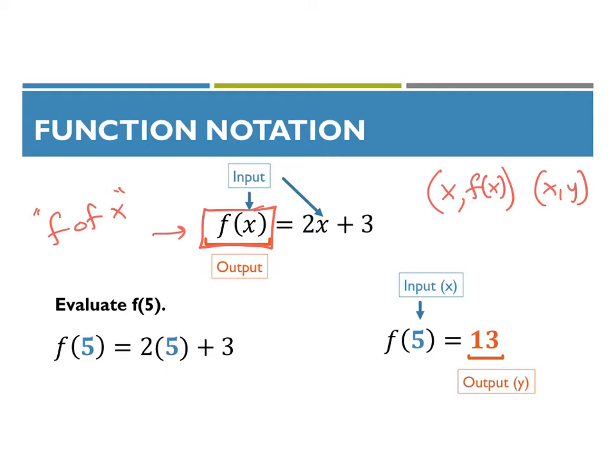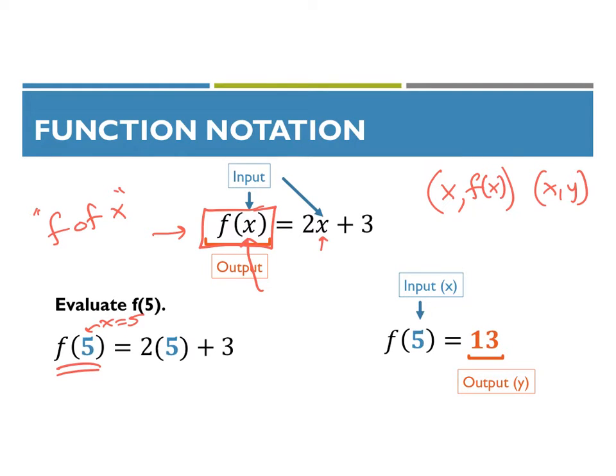And so when we're subbing things in for a function, if you see the notation f of a certain value, that means that you're going to be plugging that value in for x to see what that output would be. And so if you take a look at the example below, to find f of 5, you're really seeing what the output would be when x equals 5.